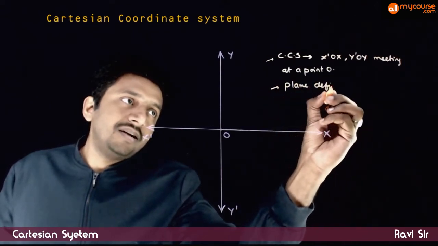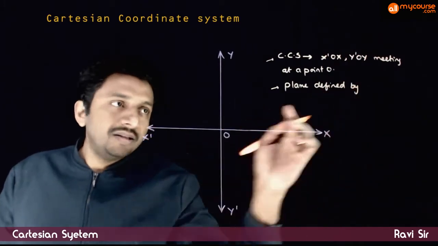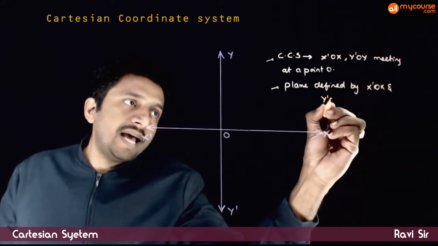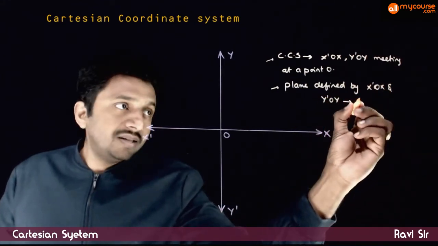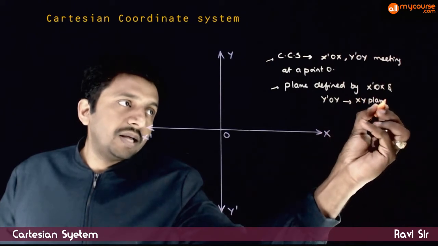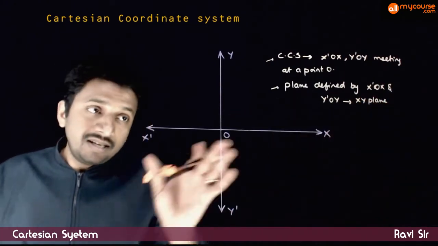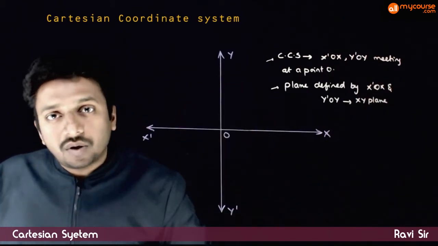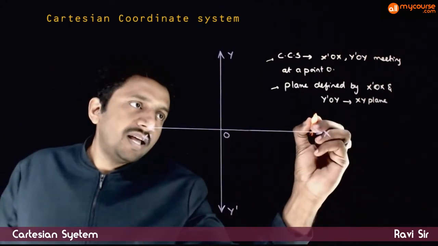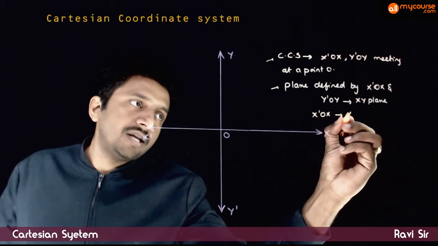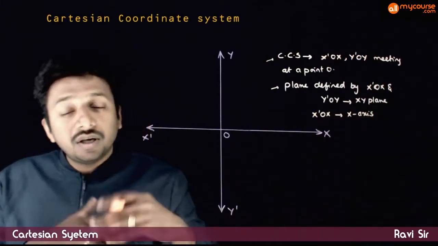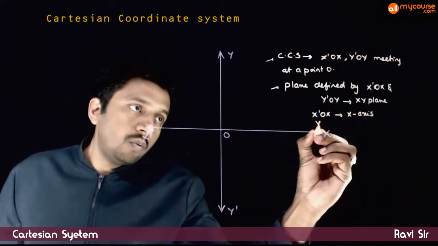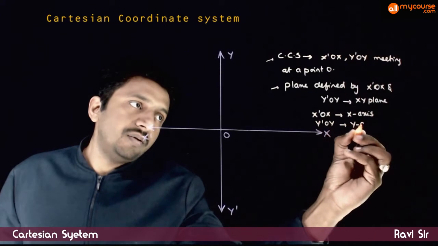The line x dash ox is called the x-axis, which is usually horizontal, not always, and y dash oy is called the y-axis.